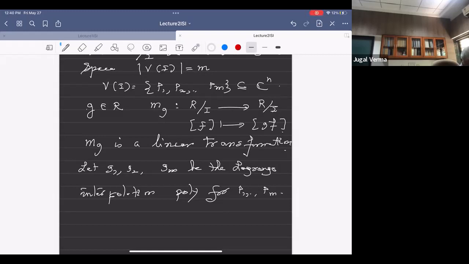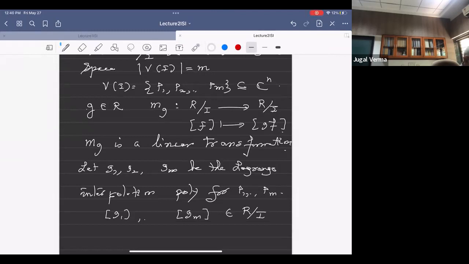There are m of them, and we take the residue classes in R mod I. This is my vector space.